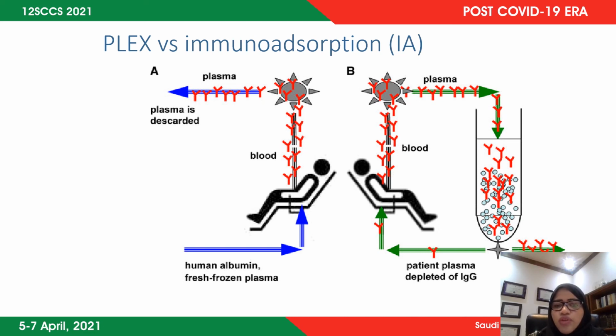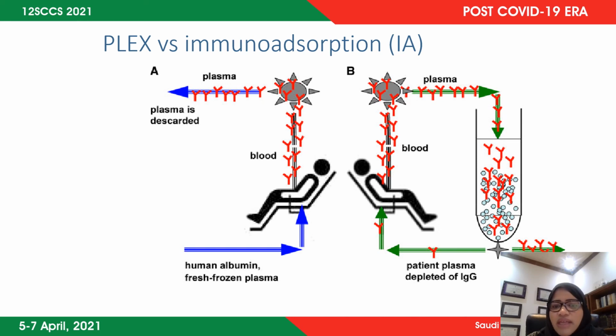The difference is that when you remove the plasma, you add some ligands that bind to the immunoglobulin or the antibody of the patient, and then you can remove those complexes and return the plasma to the patient, and the plasma will be depleted of immunoglobulin. With this, you do not lose the clotting factors as happens in plasma exchange, for example.